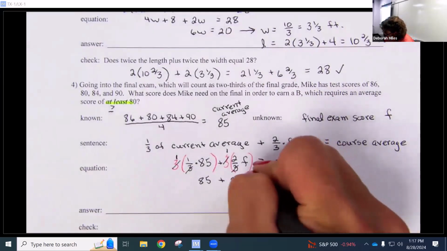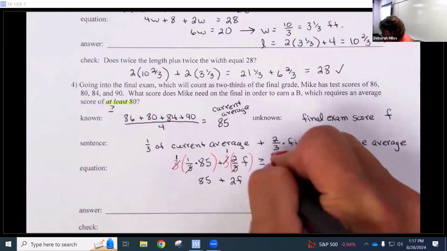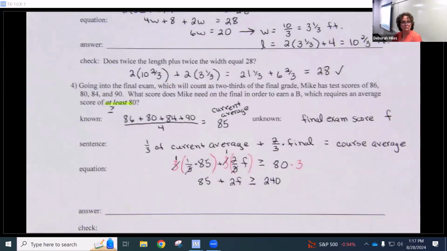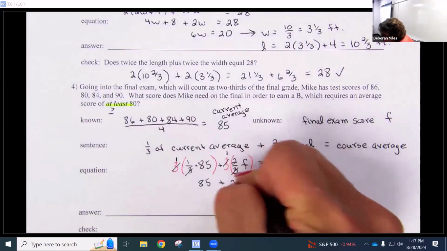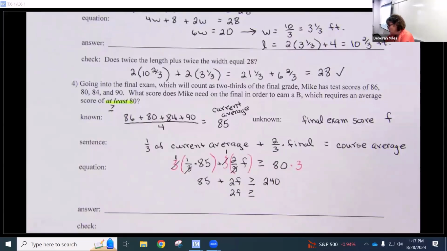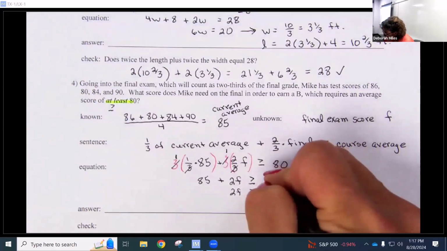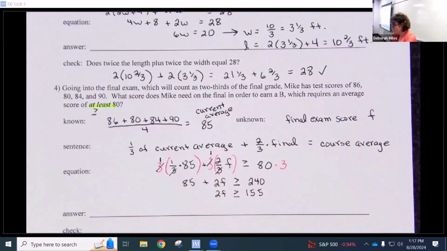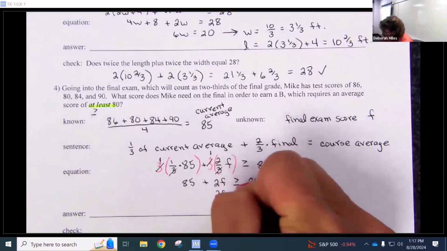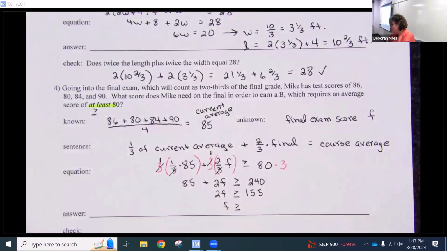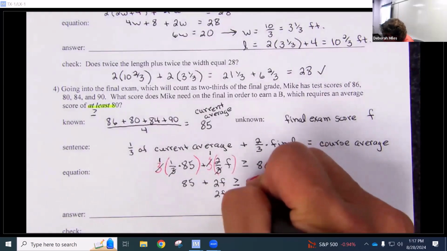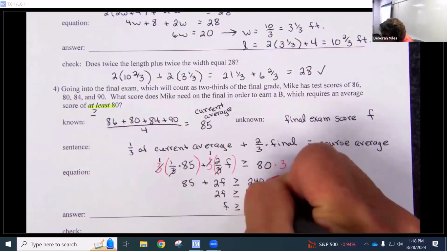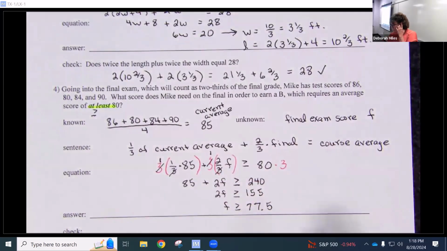And on the right-hand side, 80 times 3 is 240. Back 240 from both sides. 155, I think. 230, yep, 155. And then divide both sides by 2. And that would be 77.5, I think. I'll have to check that. 144, 154, 155. That's right.